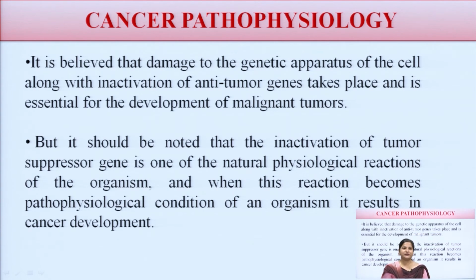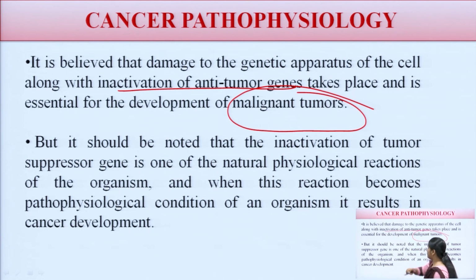Now, it is believed that damage to the genetic apparatus of the cell, along with the inactivation of anti-tumor mechanisms, is essential for the development of the tumor. Inactivation of anti-tumor suppressors is the main cause of the malignant tumor, because they are just inactive, and when they are inactive, malignant tumors will arise.